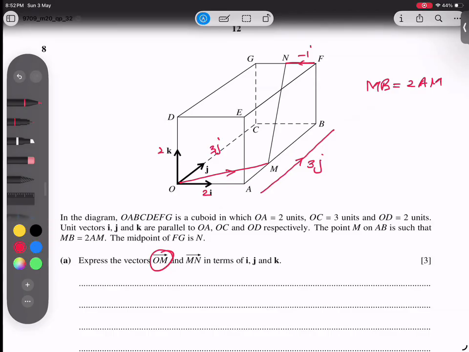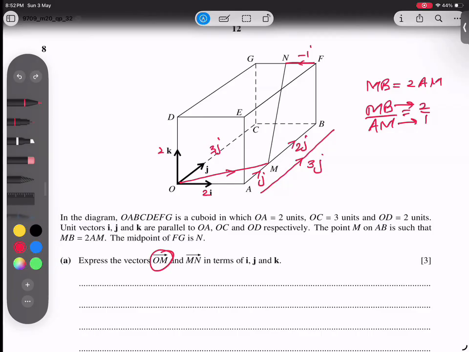If I bring AM down, you can understand from here that it is 2 by 1. The ratio of MB is 2 and AM is 1. So in this sense, this is j and this is 2j, and that gives us 3j. I believe the point is very clear.